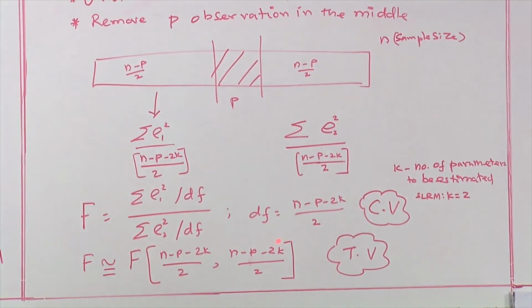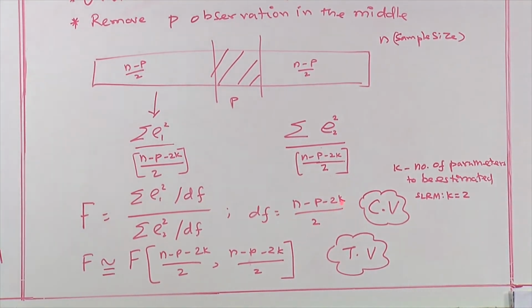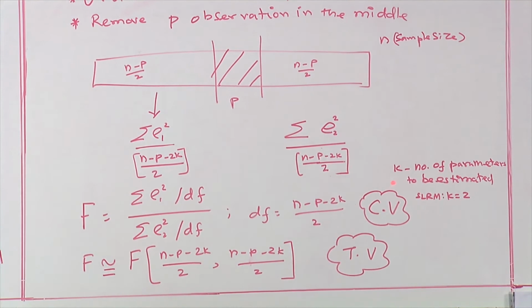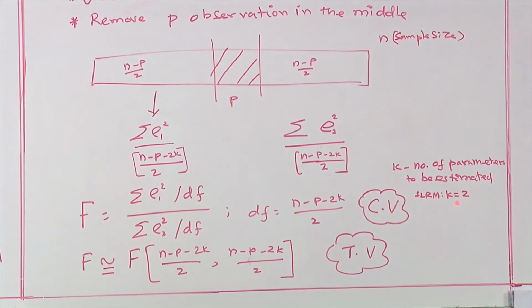Degrees of freedom here is n minus p minus 2k divided by 2, where k is the number of parameters to be estimated. In this SLRM, 2 parameters are estimated, and so k is equal to 2 here. Based on this, this value can be calculated.